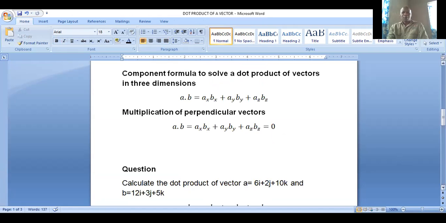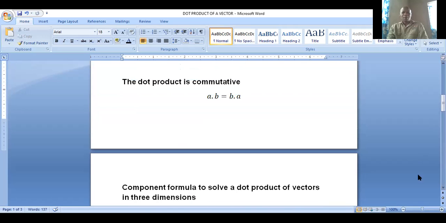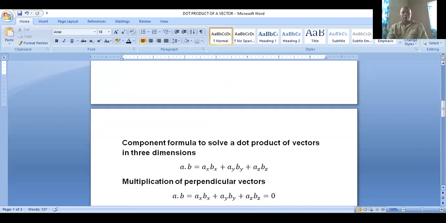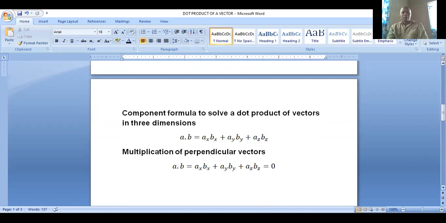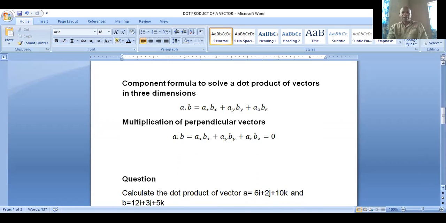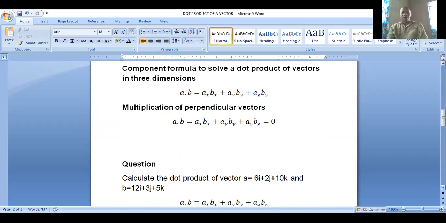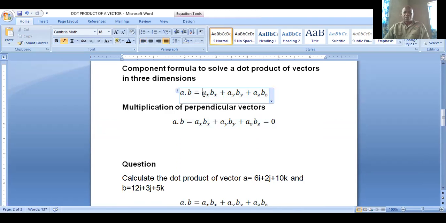Okay, and so we have the component formula which enables us to solve the dot product of vectors in three dimensions. When you are calculating the dot product, all you do is multiply the corresponding axis coordinates, and then sum.